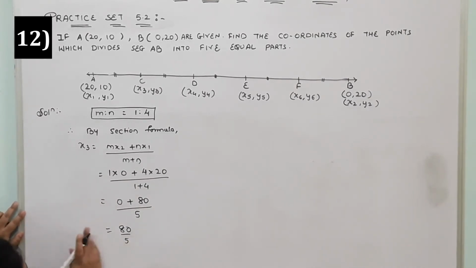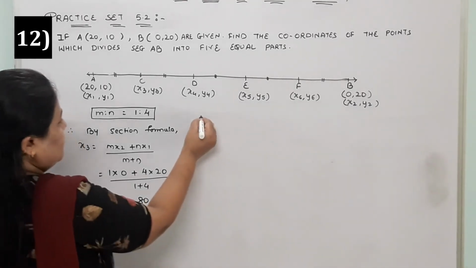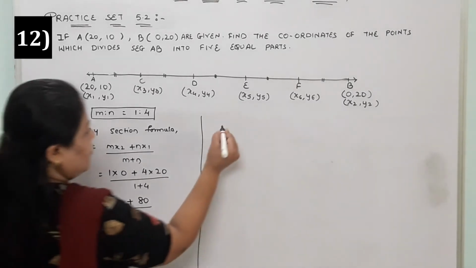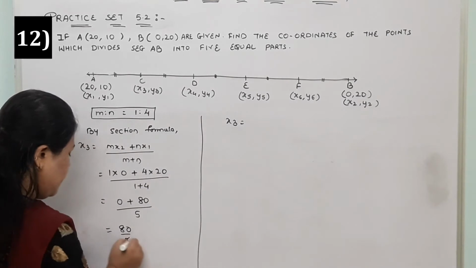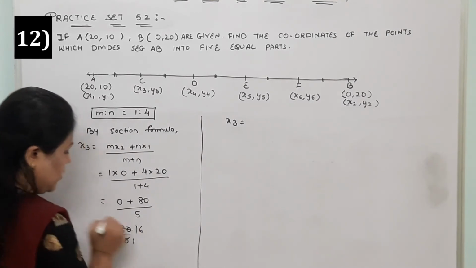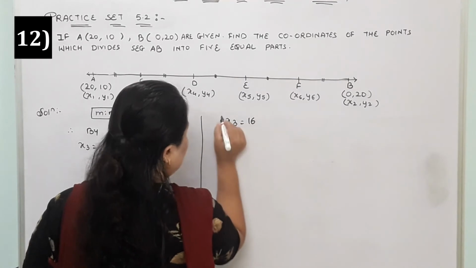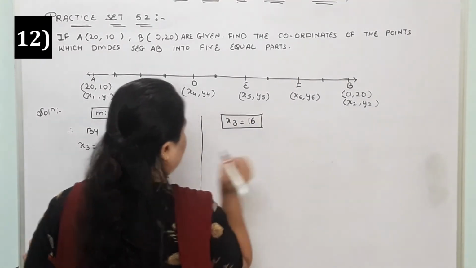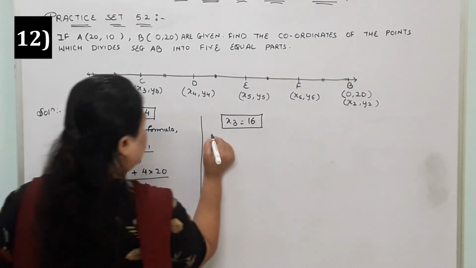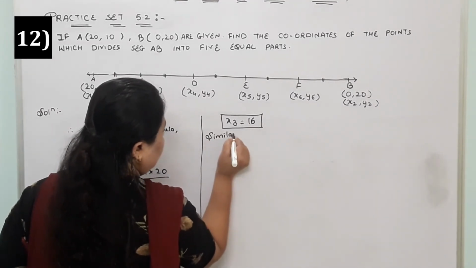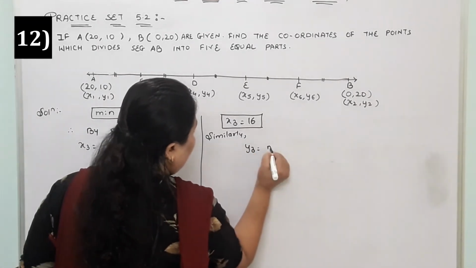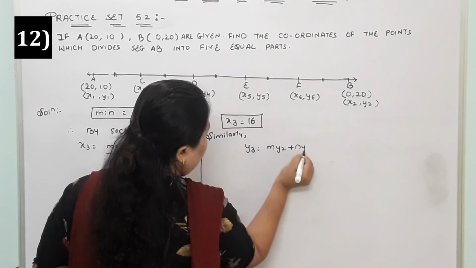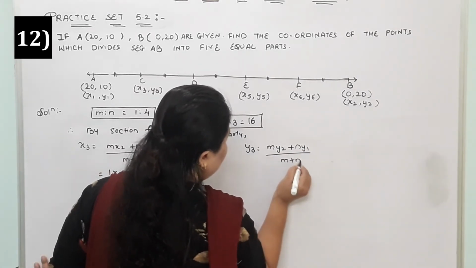x3 equals, 5 ones are 5 and 5 threes are 15, so it will be 16. x3 is 16. Similarly, y3 equals my2 plus ny1 upon m plus n.